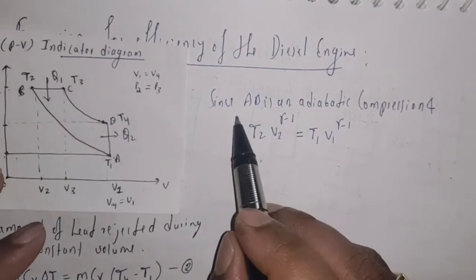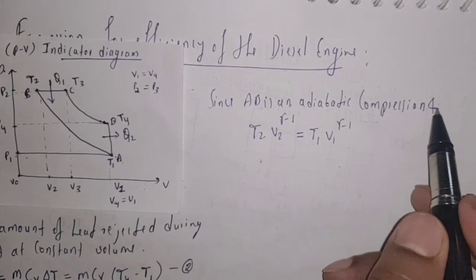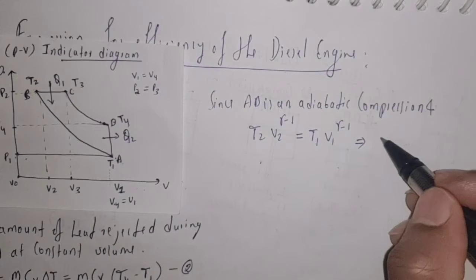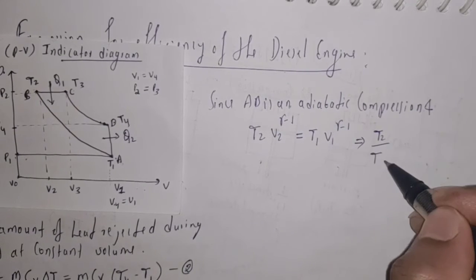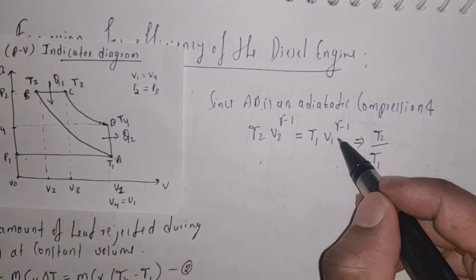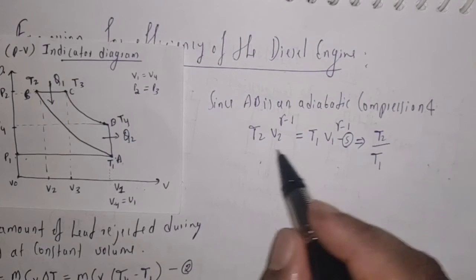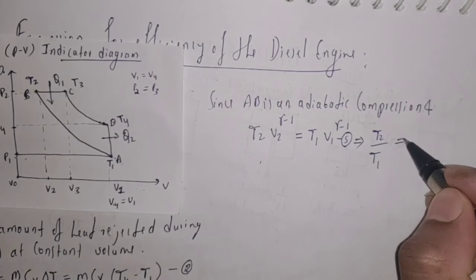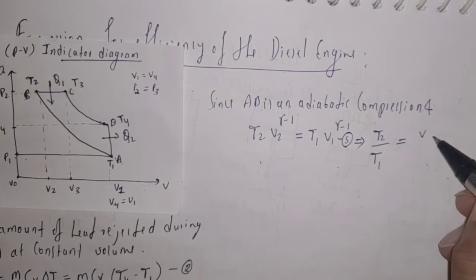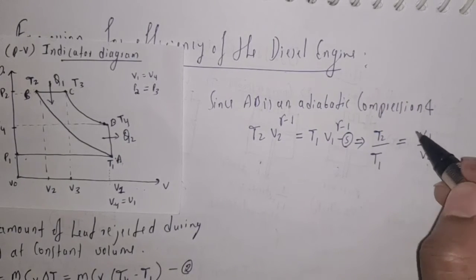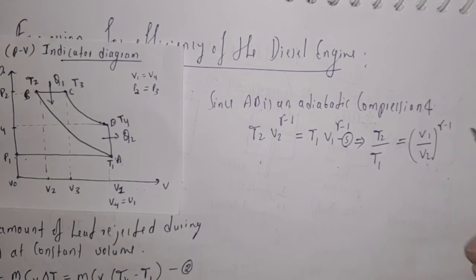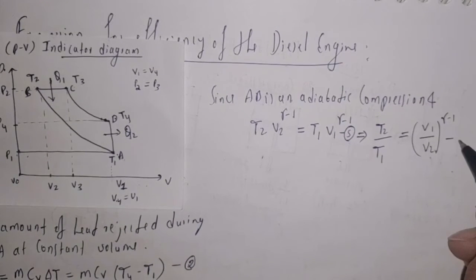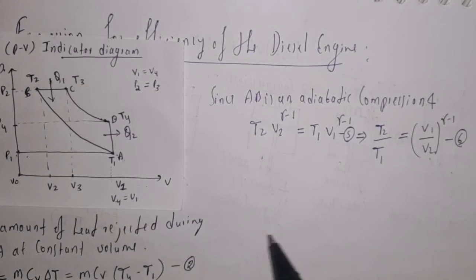This is the equation for adiabatic compression, denoted by equation 5. Rearranging the terms, T2 by T1 is equal to (V1 divided by V2) to the power gamma minus 1, and let us denote this equation by 6.